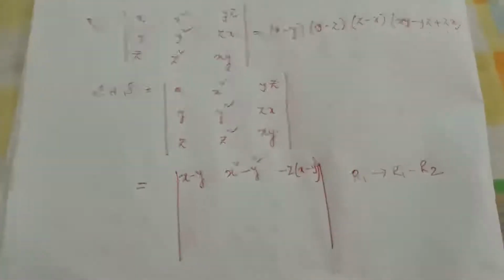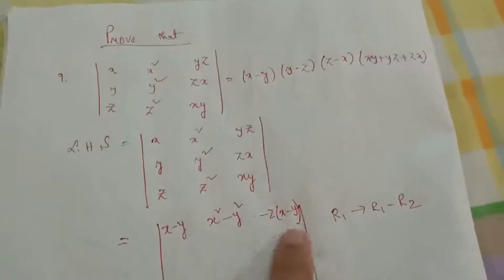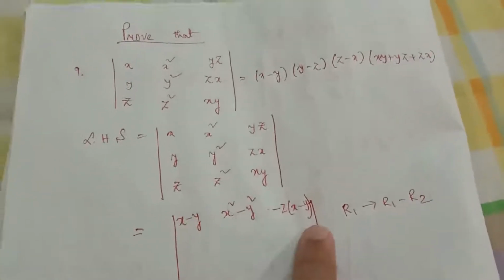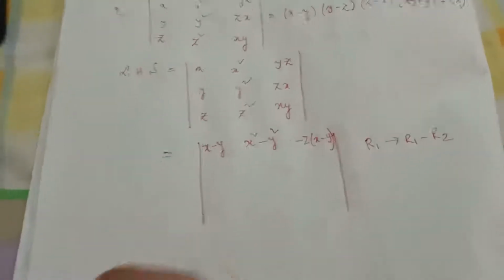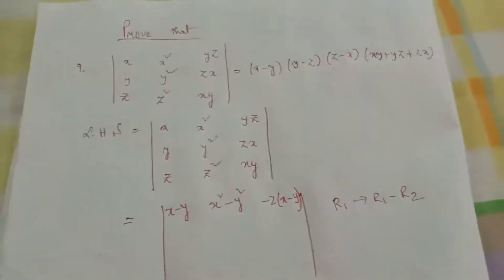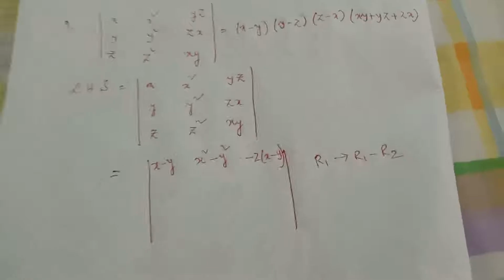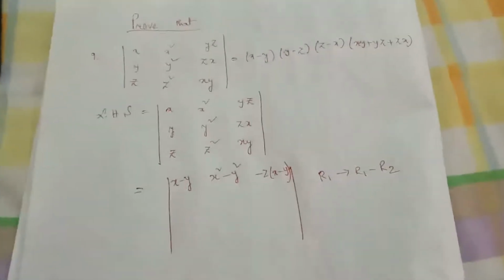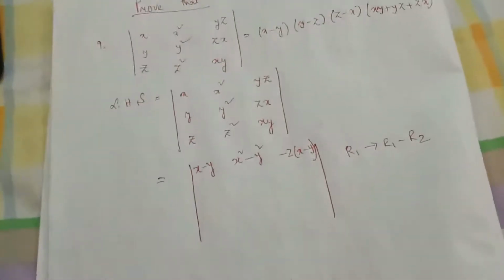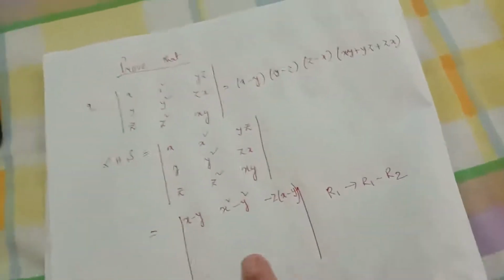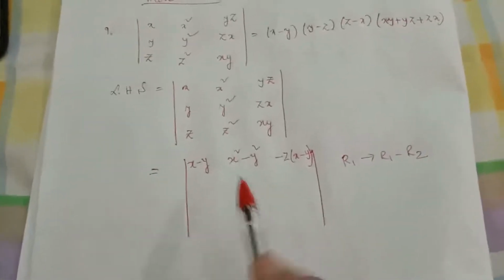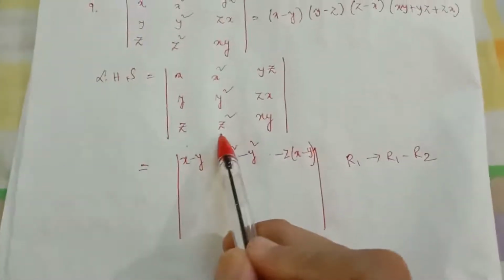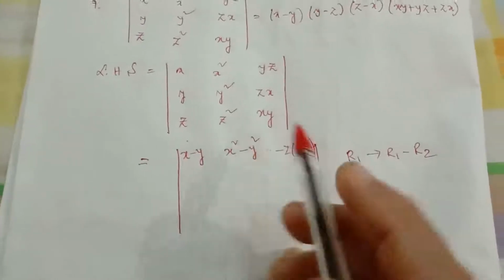Now you can see x minus y is a common factor of these 3 elements, and that's why we have done this step. So you have to watch carefully how to proceed. If you can bring zeros by simply taking the difference, you have to do that. If there is no common element, you have to think of another way, just like this one. Next, in the next step also, you can see yz, y square minus z square, zx minus xy.